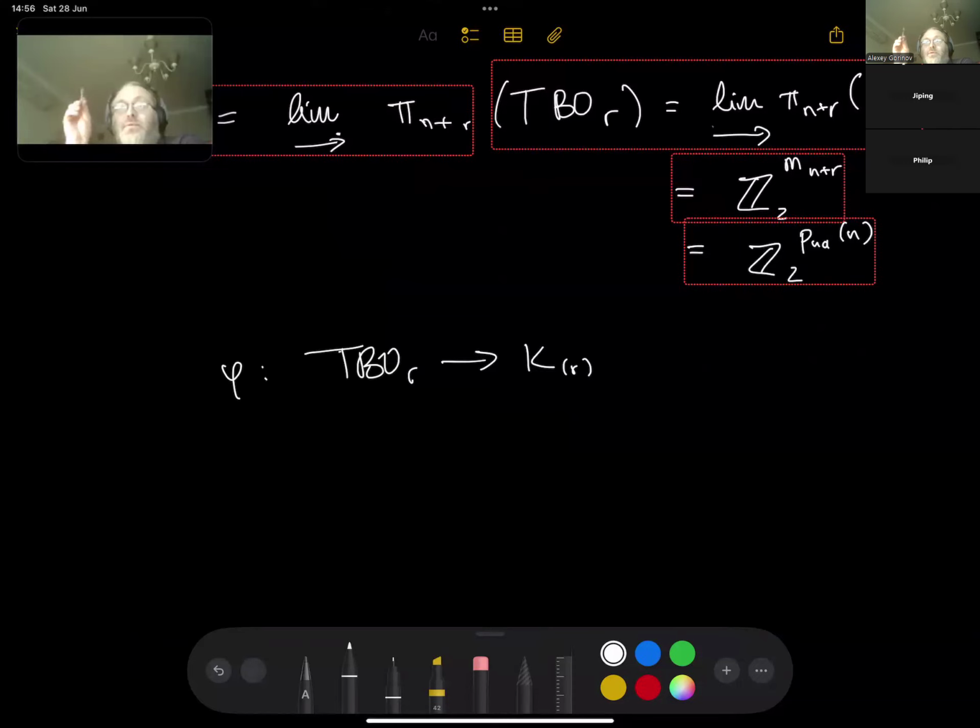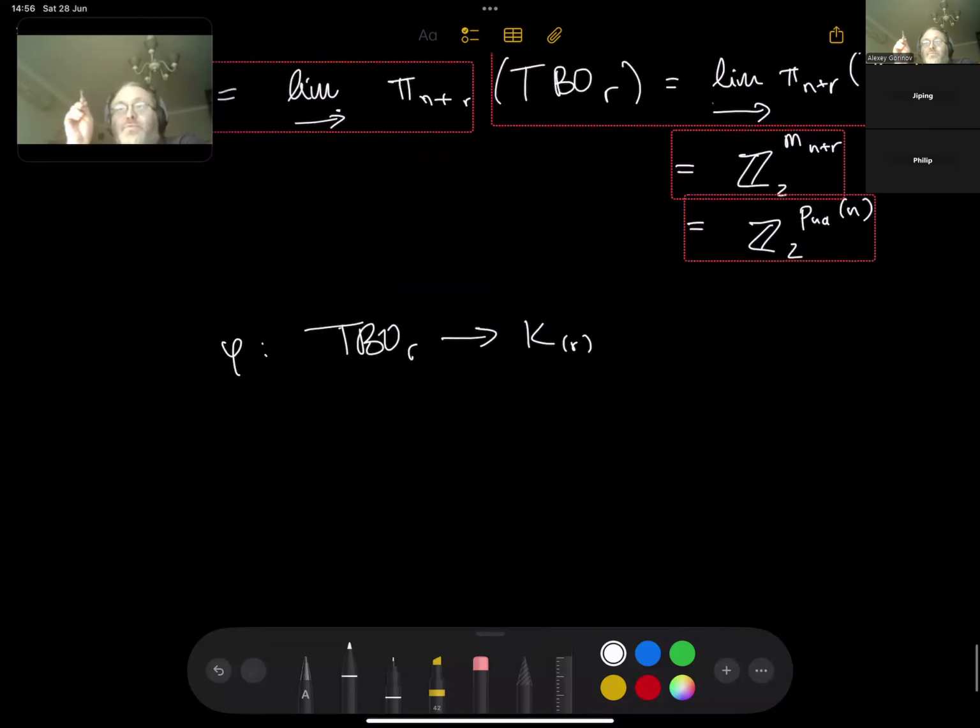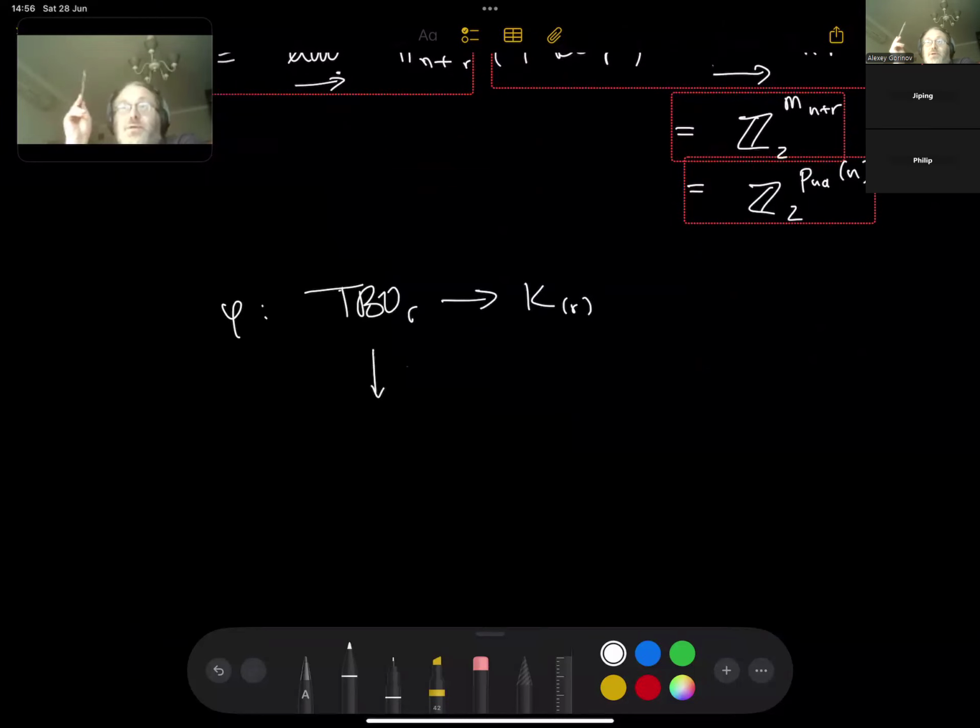Now, if we're able to check that we get a map from the spectrum TBO, which is basically MO, to the direct limit of the KRs, then we're done.